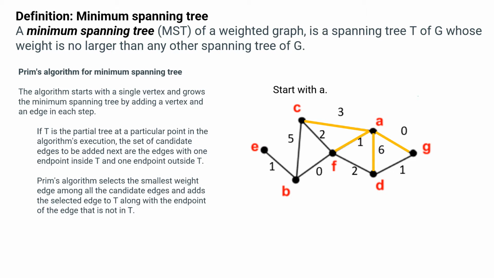These are the only 4 edges that have one vertex as A, so those are our possible candidates. We're turning those orange just to keep track of the possible candidate edges.